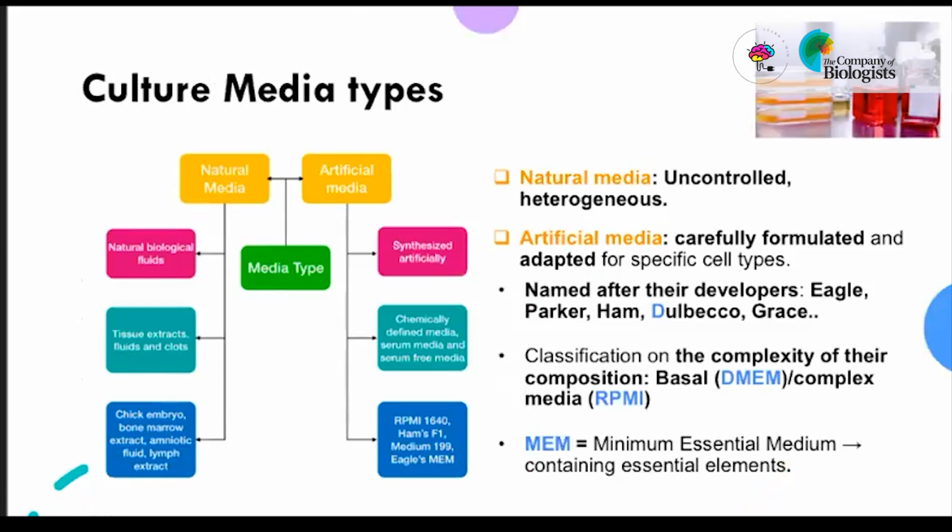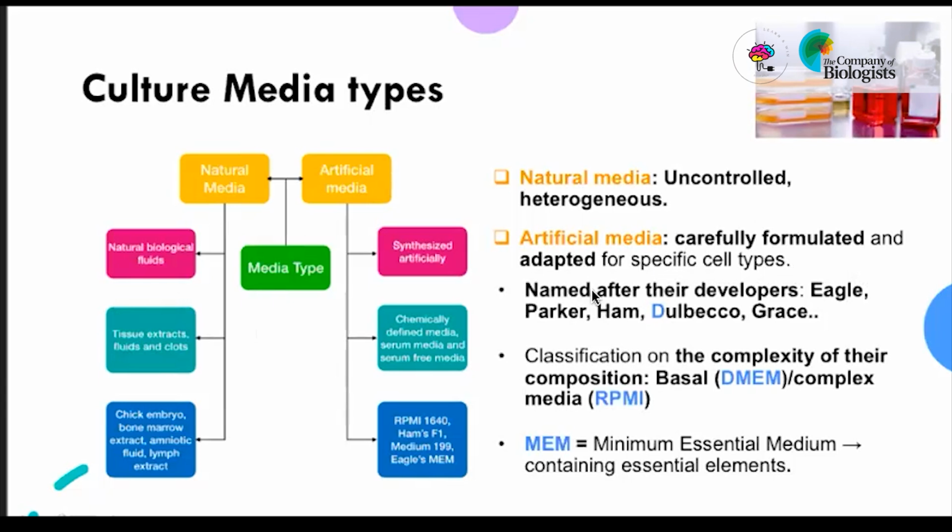There are two main types of culture media, natural or artificial. Natural media is less controlled and more variable, including biological compounds directly derived from tissue extracts or bodily fluids. In contrast, artificial or synthetic media are carefully formulated and adapted for specific cell types.